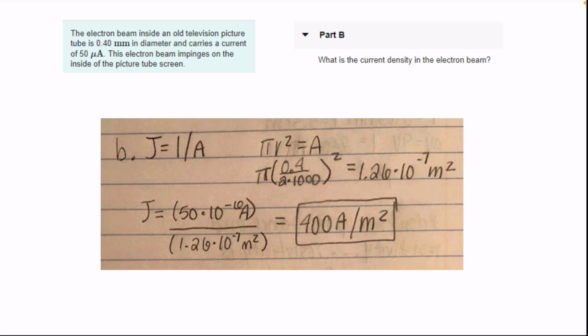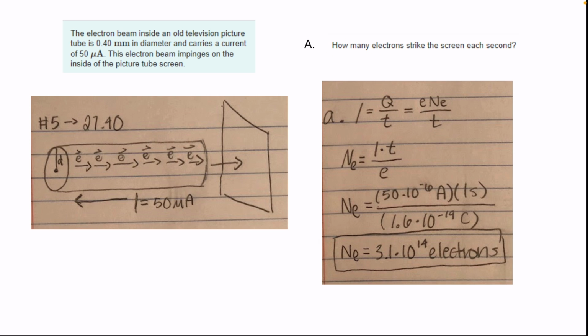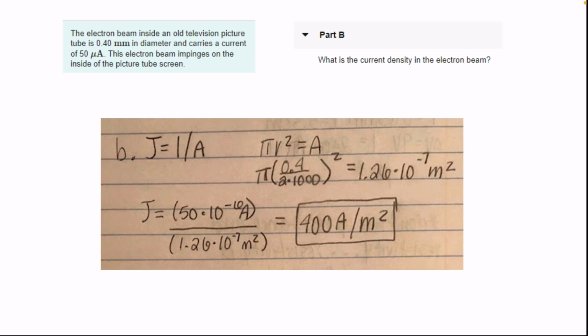So part B is asking what is the current density in the electron beam, and current density is defined as current over A, where A is the cross-sectional area. For our tube, you can see that the area is going to be that circle using the diameter value we were given.